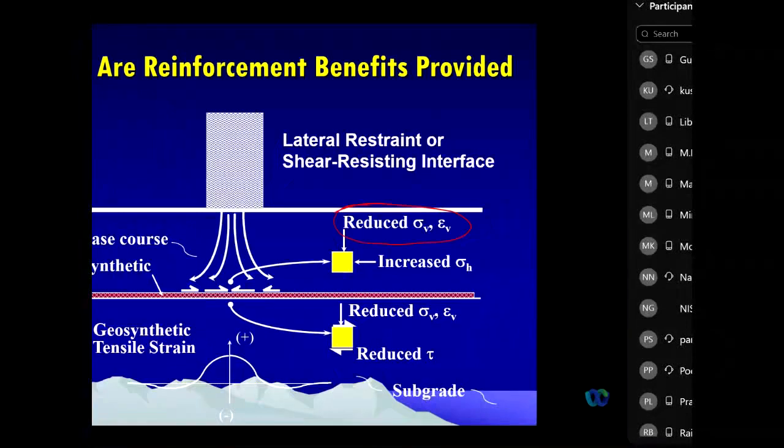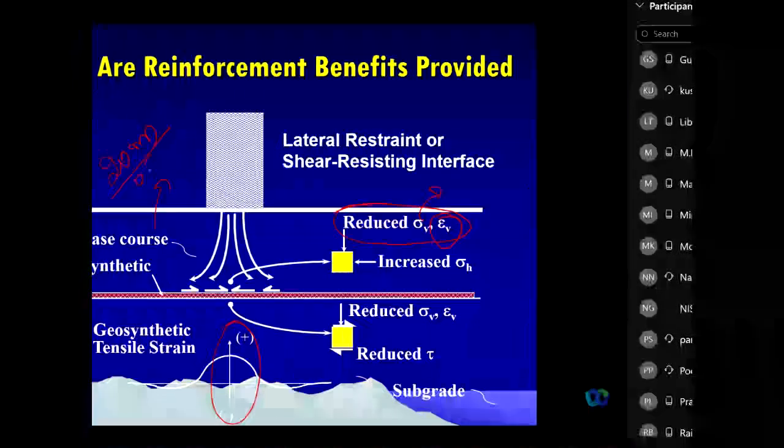Sigma V and epsilon V are nothing but the stress or strain on the top of the subgrade, the horizontal tensile strain, as well as the vertical compressive stress or strain on the top of the subgrade, and also sometimes in the bituminous layer. Of course, in rural roads, the top course we use is 20 millimeter OGPC, that is the open graded premix carpet.